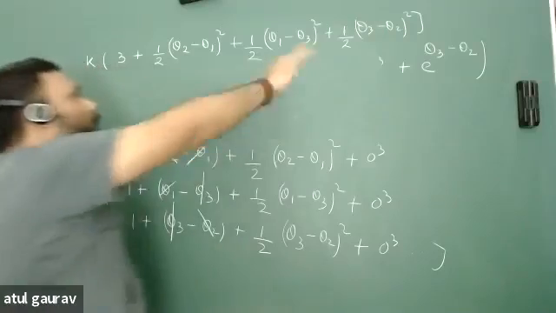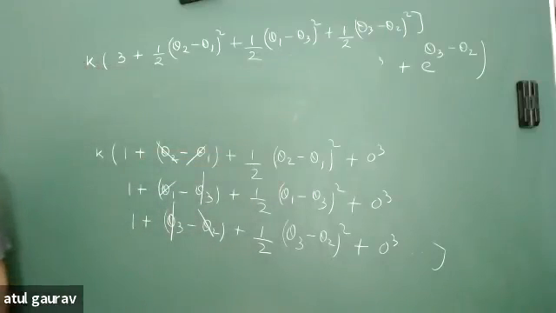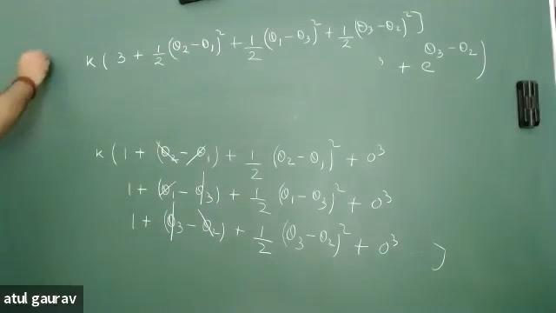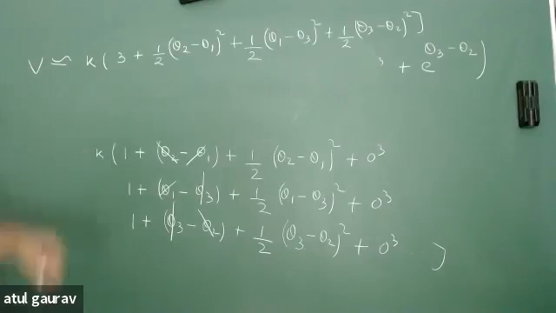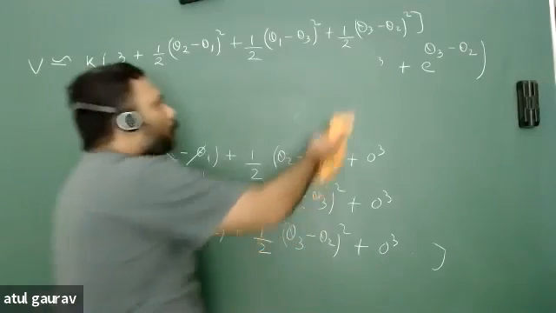This is the potential energy. For a small oscillation, I can approximate it like this.